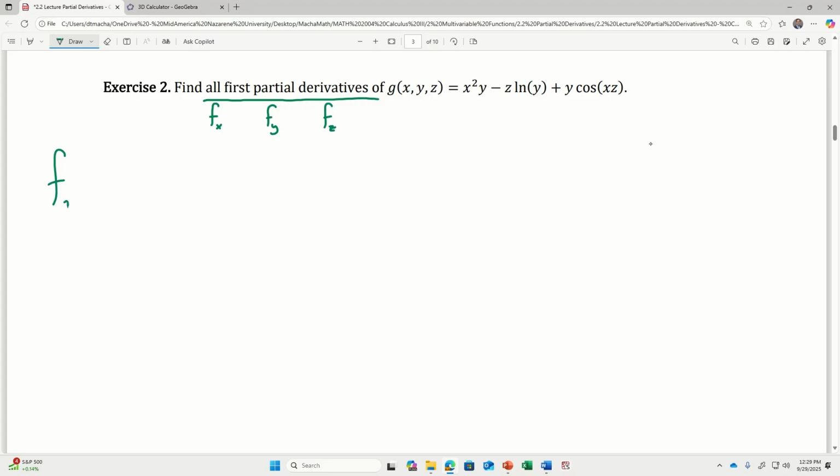Partial derivatives, I mean. So what is my partial with respect to x? Very good.